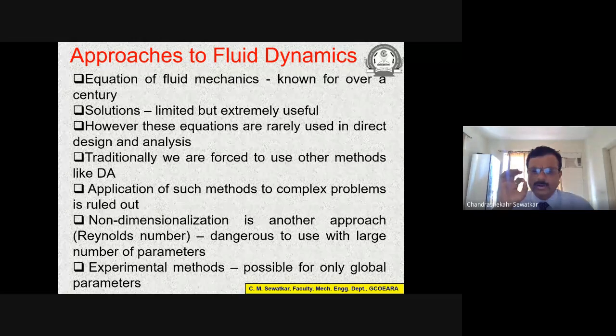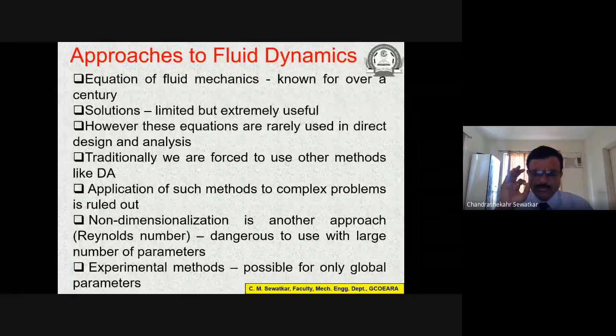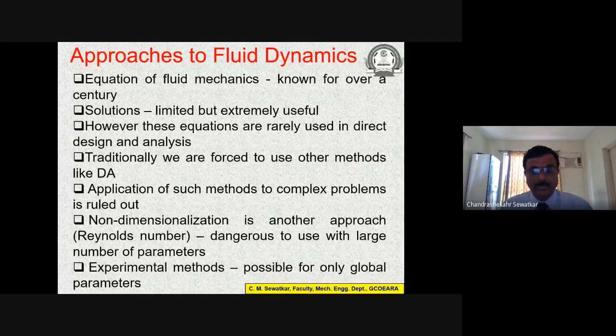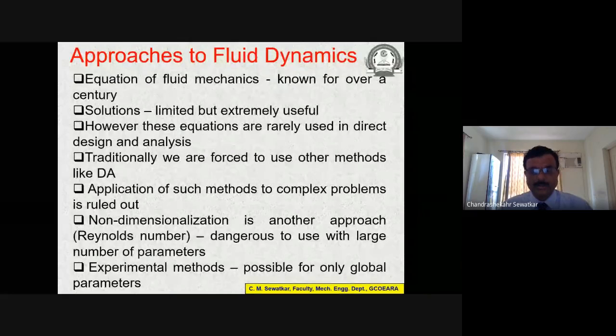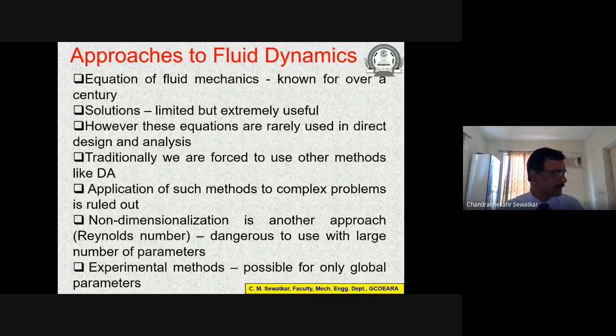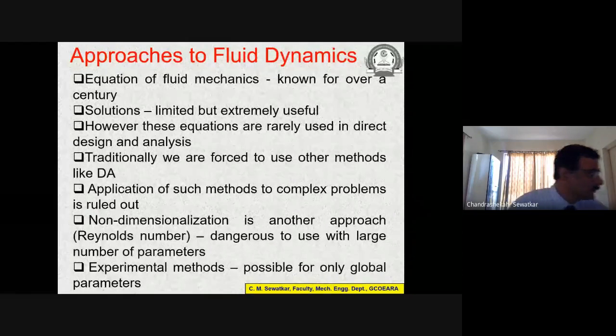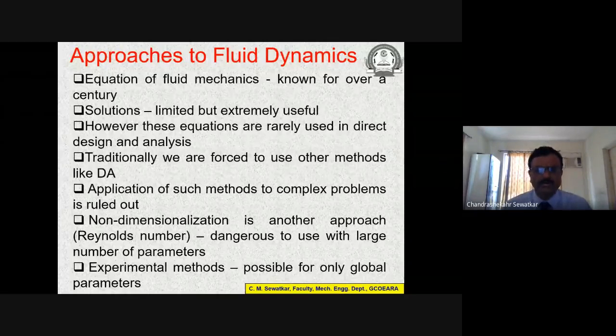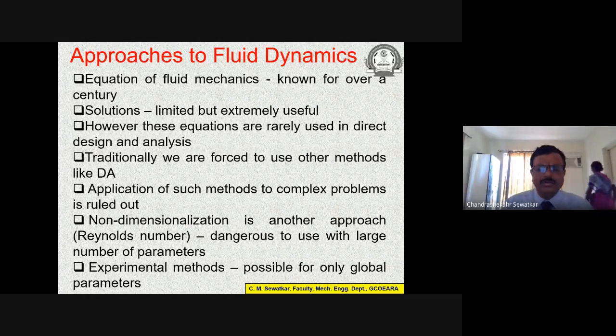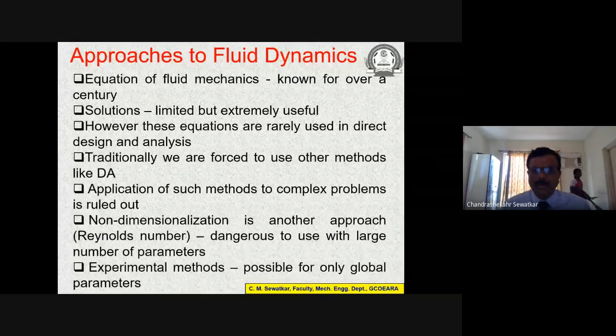in fluid mechanics or heat transfer, the most important goal is to obtain the velocity distribution, pressure distribution, or temperature distribution if the fluid flow involves heat transfer. Once you obtain the distribution of velocity, pressure, or temperature, we can obtain the parameters which are of engineering importance.